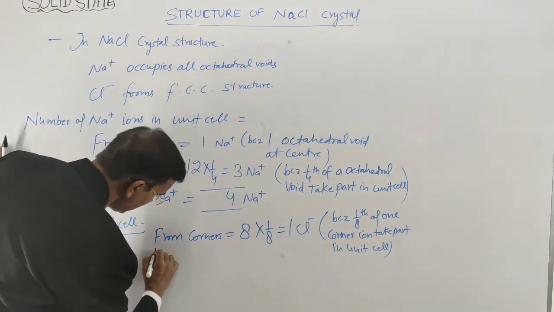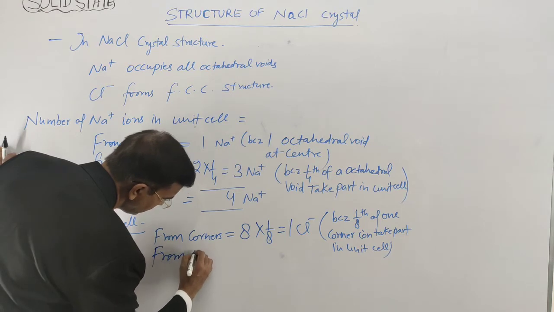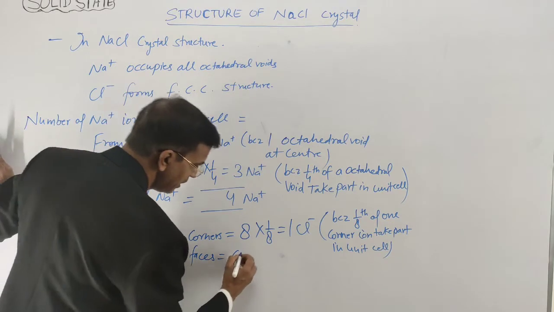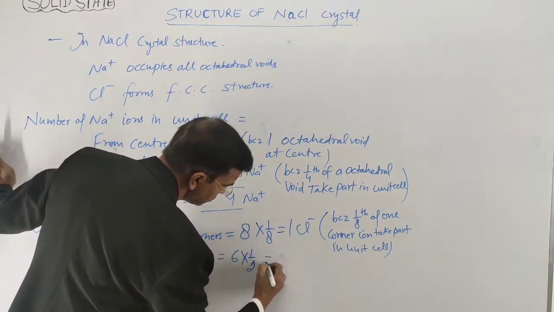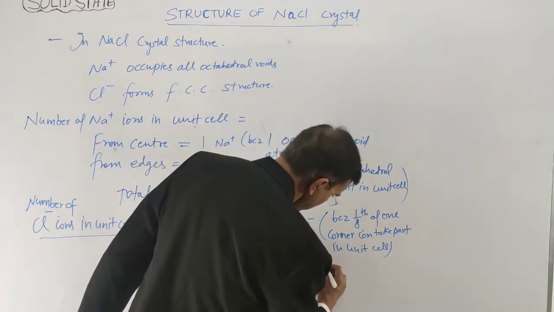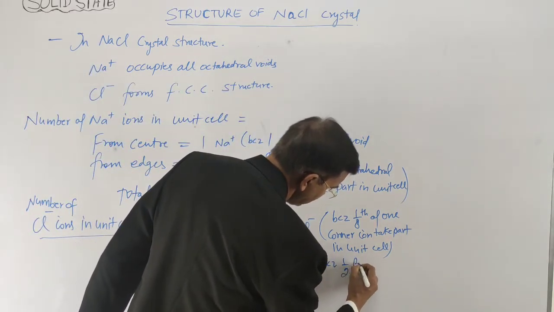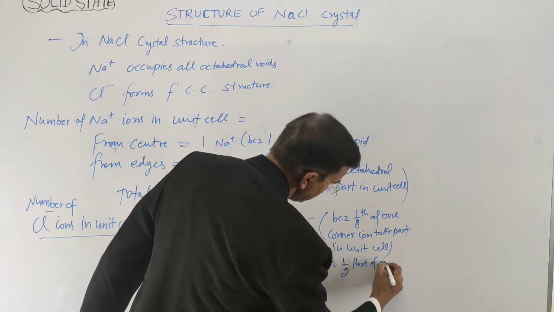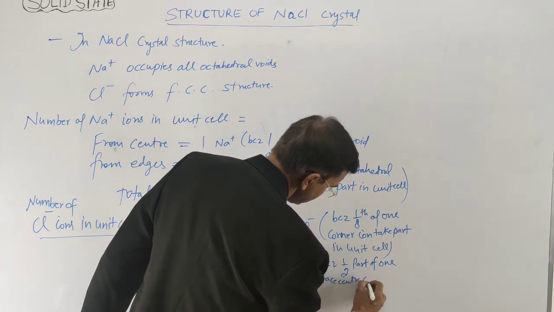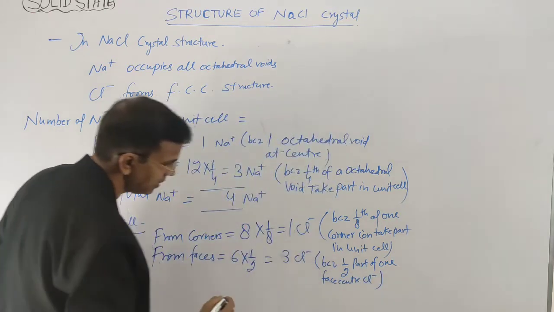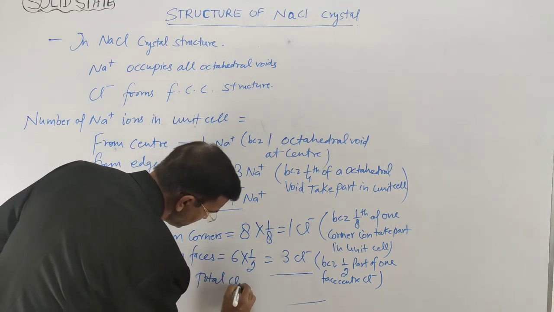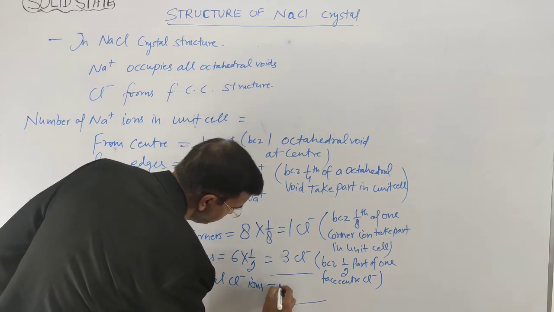So here from the faces, 6 faces are there, 6 Cl negative, and 1 by 2 part, so it is 3 Cl negative ions, because 1 by 2 part of one face center Cl negative, right? So total Cl negative ions is equal to 4.